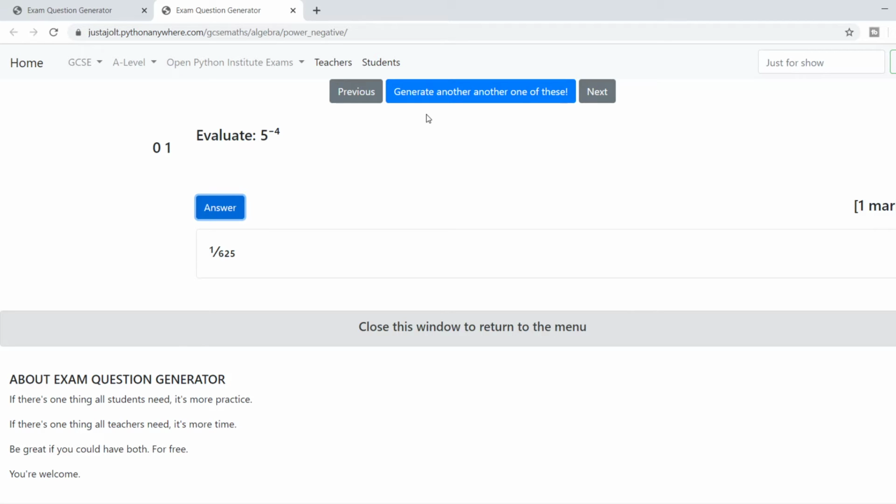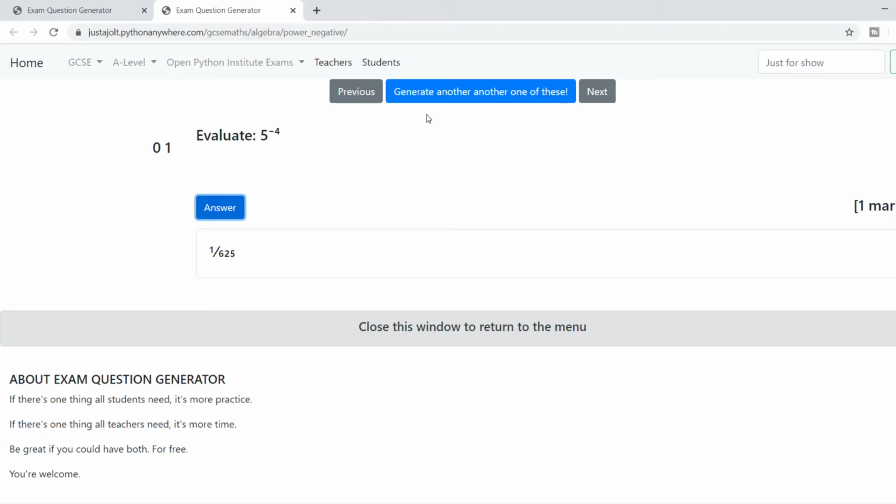Well, whenever you're dealing with negative powers, your answer is going to be 1 over something. So your numerator is always going to be 1. What number do you put on the bottom? Well, 5 to the power of 4 is 625.